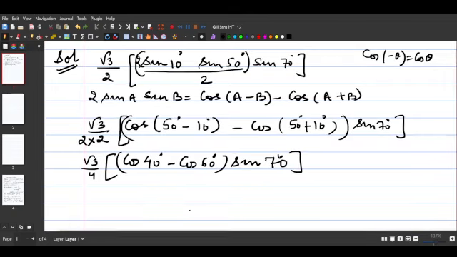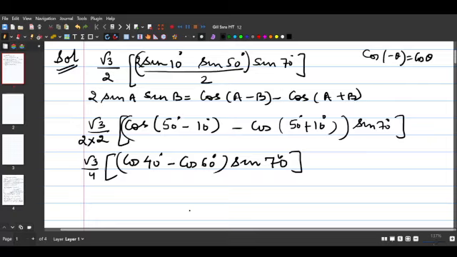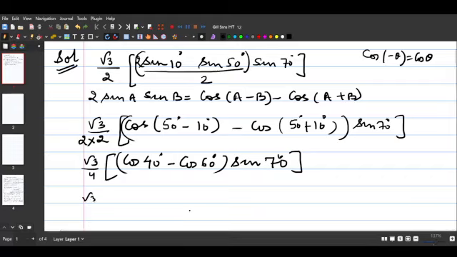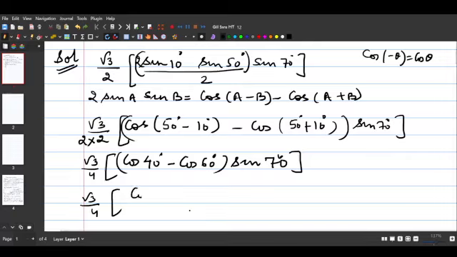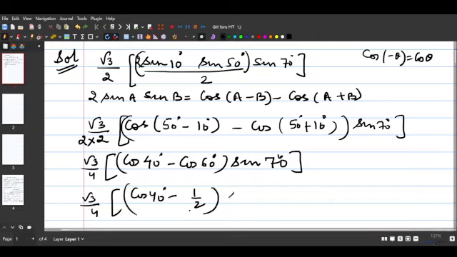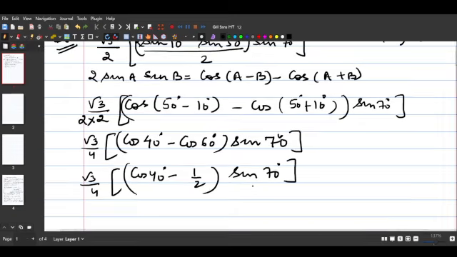We have to use formulas maybe one more time, 2 times, 3 times, depending upon the requirement. Now root 3 by 4. First of all, I'll put the value cos 60. I know that's half, right? So cos 40 degree minus half, sine 70 degree. Now we'll open the bracket.